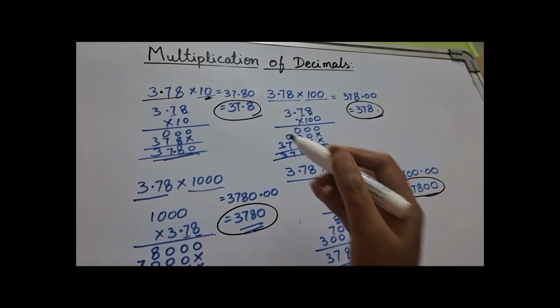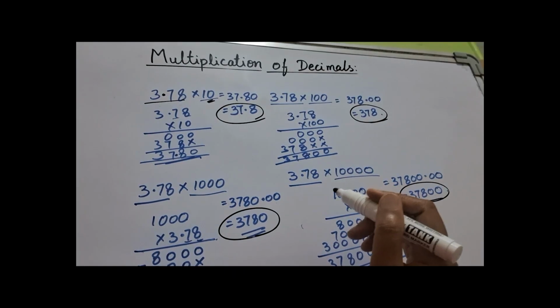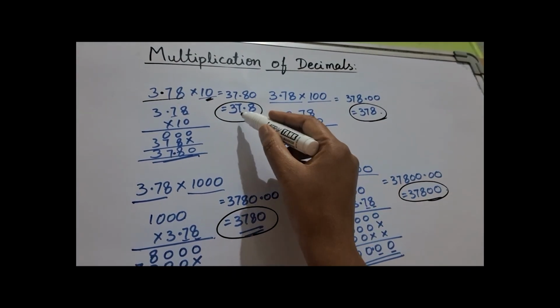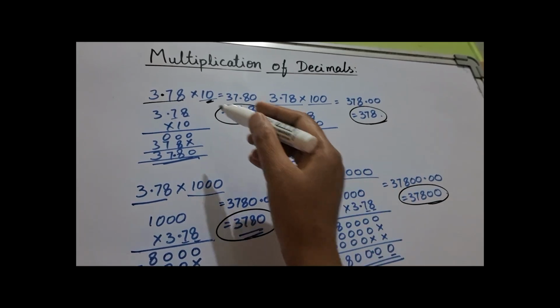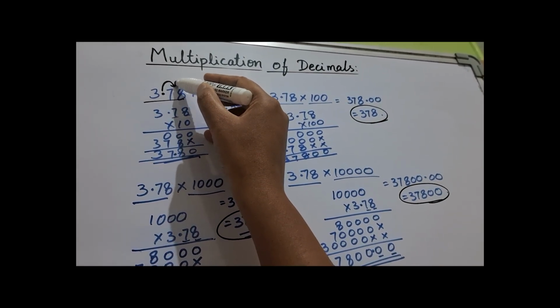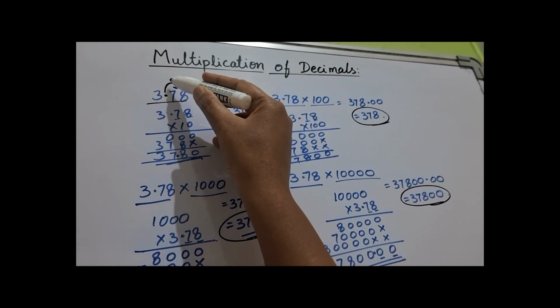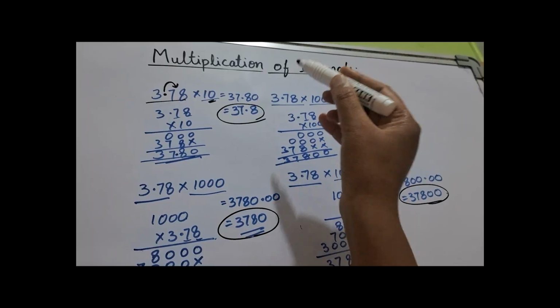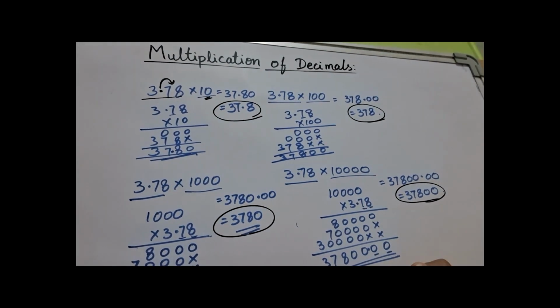Here 3.78 when multiplied with 10, we got 37.8 as the answer. That means here we can see that the decimal point has come to this place. Okay. The decimal point has moved one digit towards the right side. Okay. Then it became 37.8.